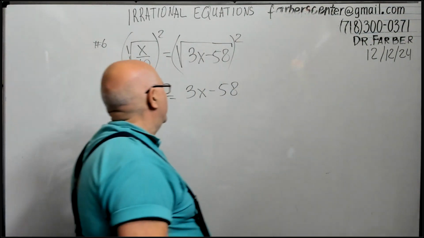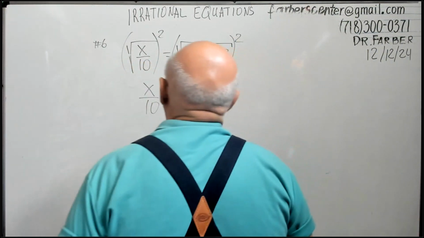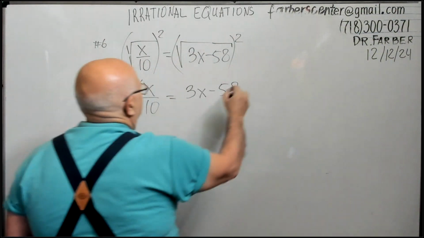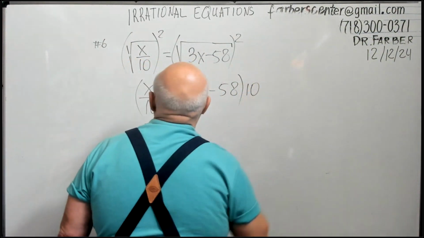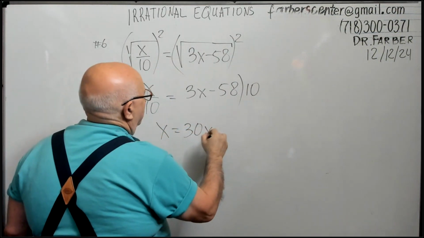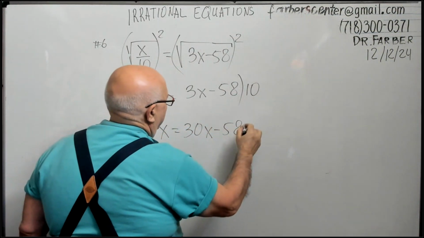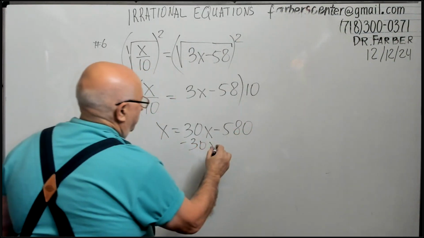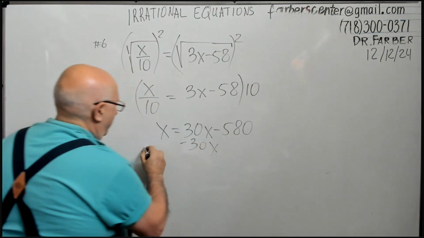Well, one way I can get rid of this 10: for instance, I multiply both parts by 10. I get x equals 30x minus 580. Minus 30x and minus 30x.